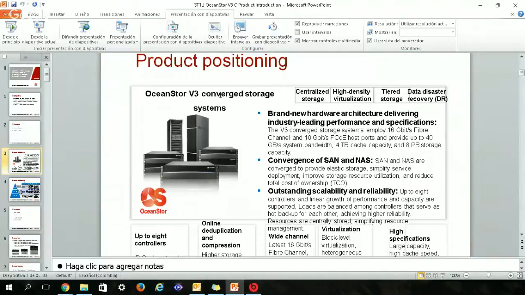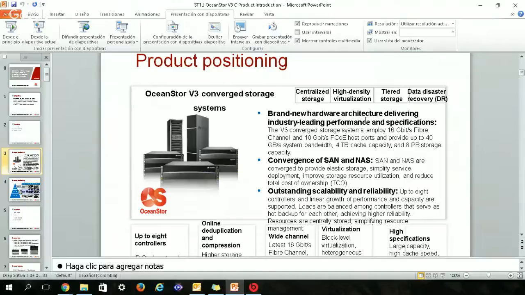About the product positioning, we're going to talk about some of the features. This is a centralized storage solution, with high density virtualization, tiered storage and data disaster recovery. High density virtualization means that we can virtualize this solution as well to create a high density virtualization environment.